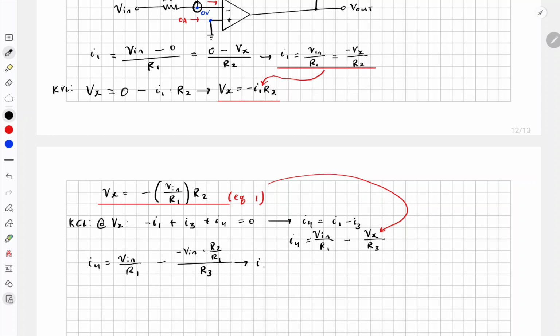So I4 is equal to Vin over R1. A minus a negative becomes plus, Vin times R2, let's just move R1 to the denominator, so it's R1 R3.